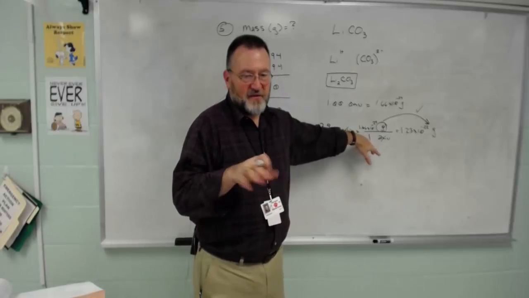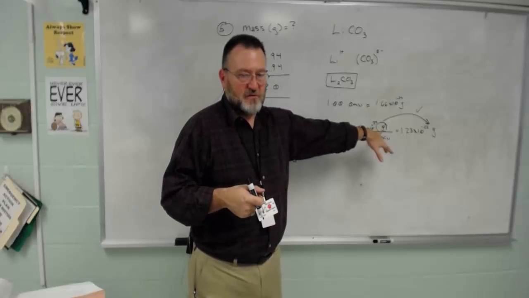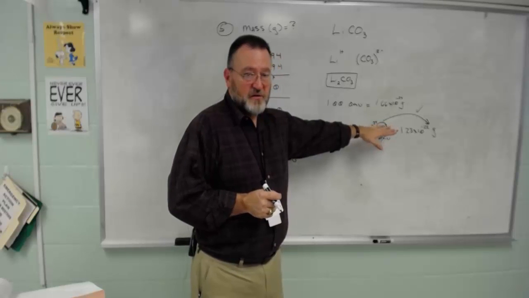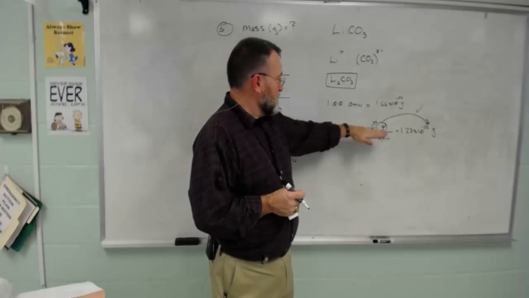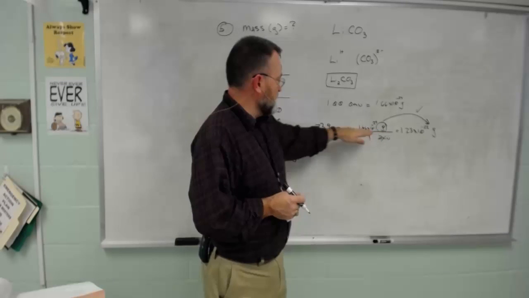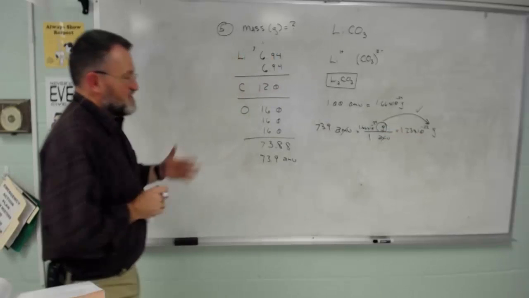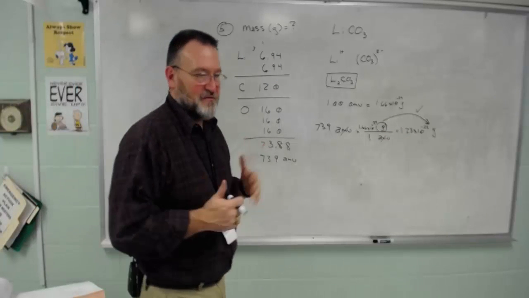Each scientific calculator is a little bit different. I'm not sure how yours handles the scientific notation. Do you know how to enter exponents into your calculator? Okay. So you're just going to multiply 73.9 times 1.66 times 10 to the negative 24th. When you multiply those two together, it should give you this answer. When it's divided by 1, of course, you can just not worry about that. Dividing anything by 1 is itself, so those all drop out.